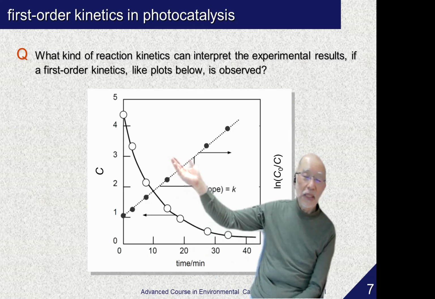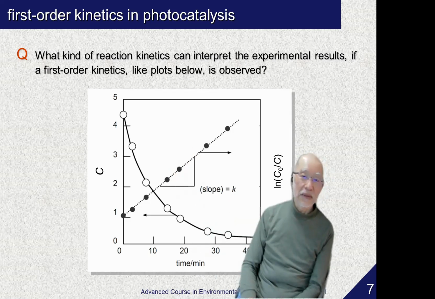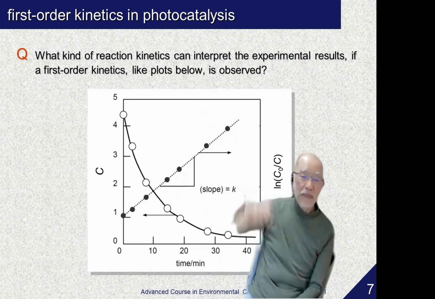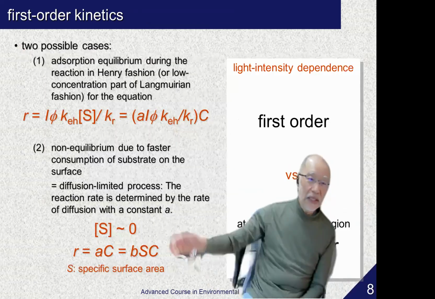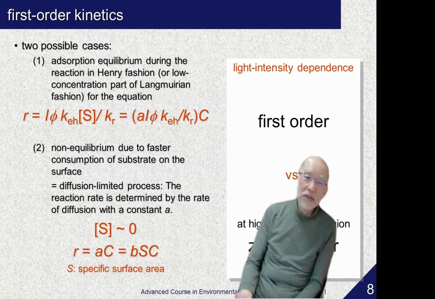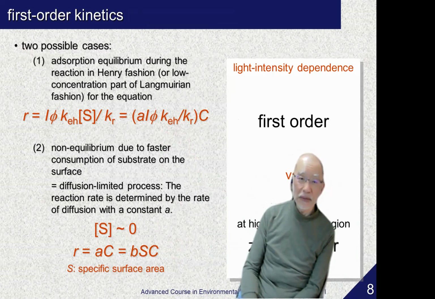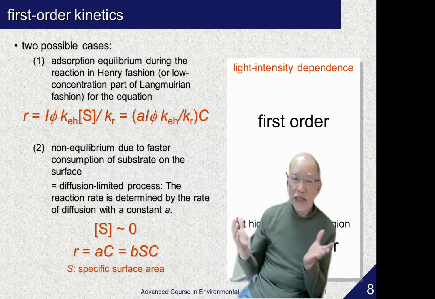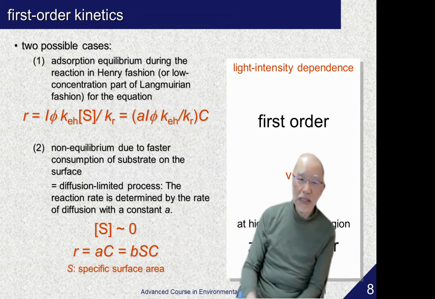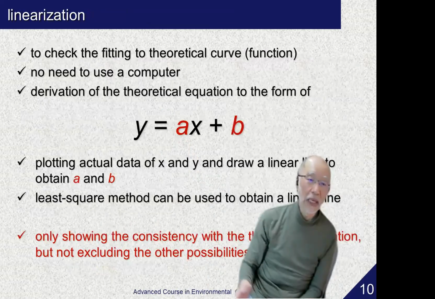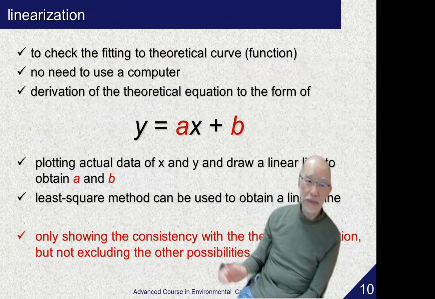So this linear relation tells that this first order kinetics can be, and this process can be, and this process can be. So it is impossible to decide which is the most appropriate. So anytime, the kinetic analysis is just an assumption, and it is impossible to exclude the other possibilities.